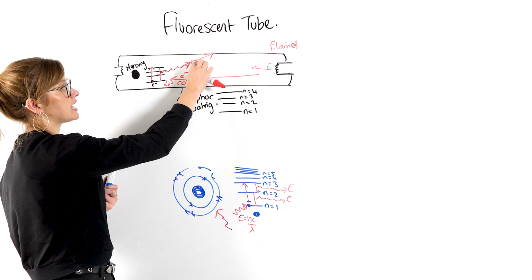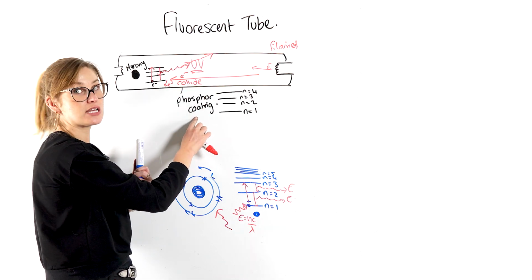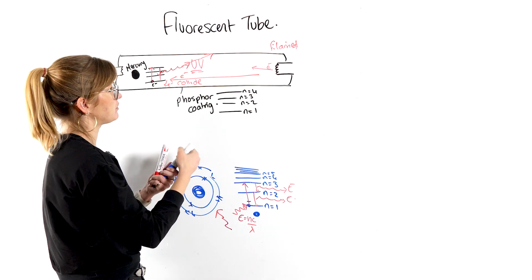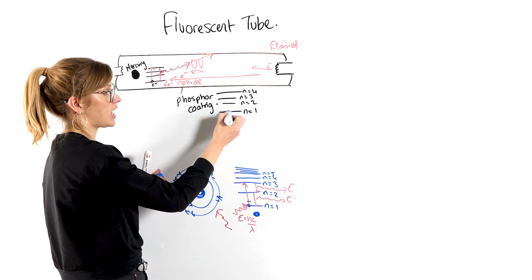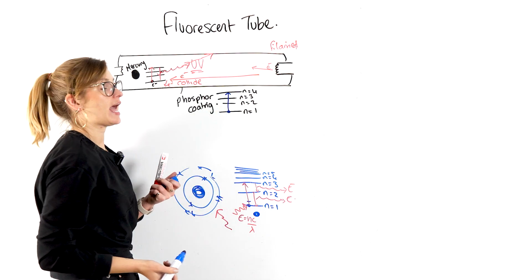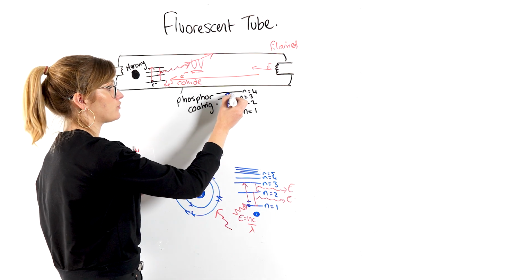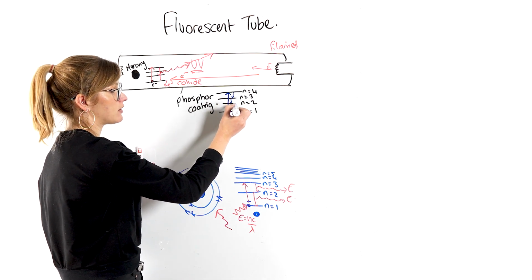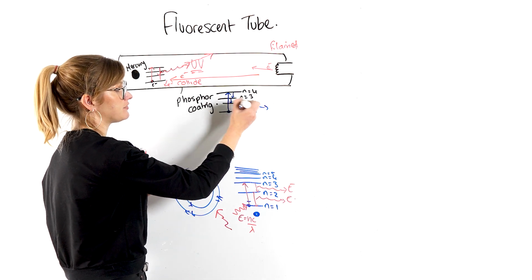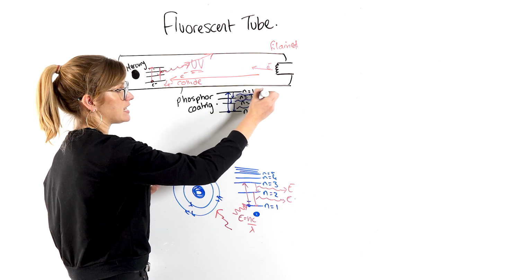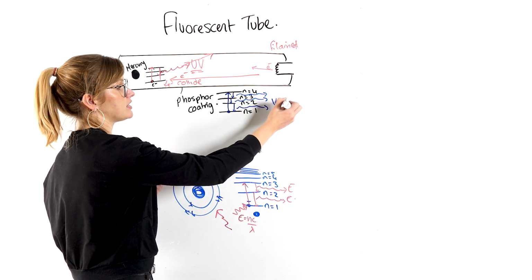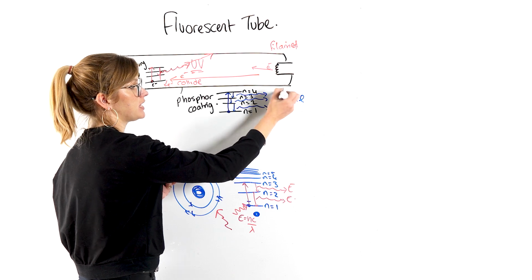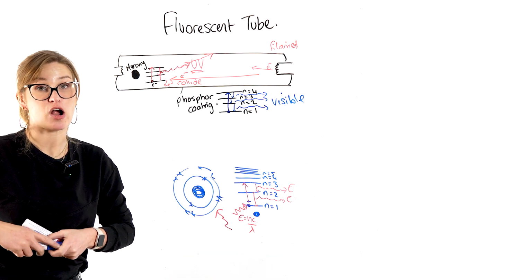When that UV light hits the phosphorus, one of the electrons in the ground state might get promoted to a higher energy level. Then it's going to de-excite and fall back to its lower energy level. When it falls back down, it's going to emit different energies of light exactly equal to those energy level gaps. These energies of light that get emitted are in the visible region of the spectrum, and that's why we can see them with our eyes.